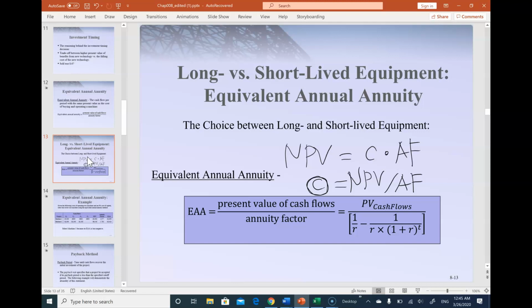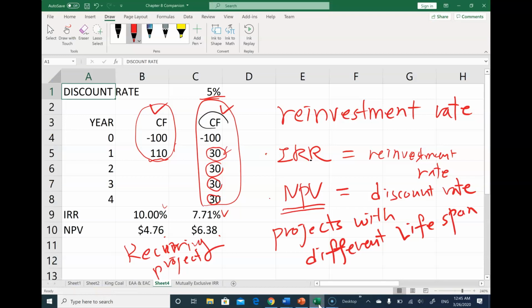So what we will do here is, instead of using the net present value in comparing two projects that are recurring projects, we can allow the project to be repeated and compare the values of these two projects. Okay, so for that, we have to calculate the annuity factor.